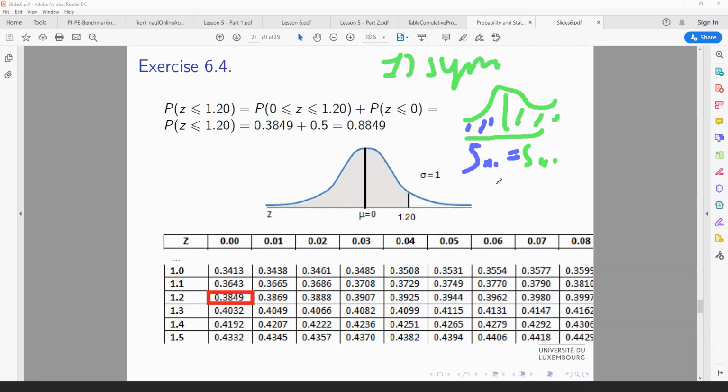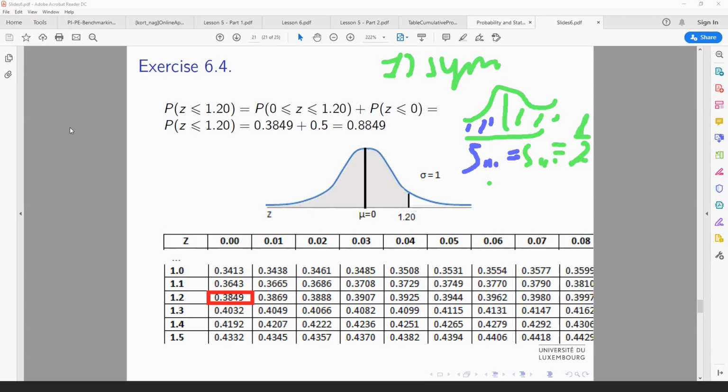Since it's equal to 1, the area under each tail is equal to 1 divided by 2, which is 0.5.